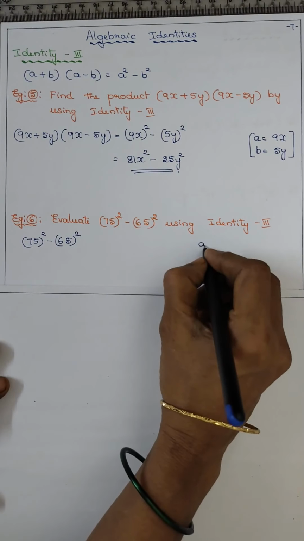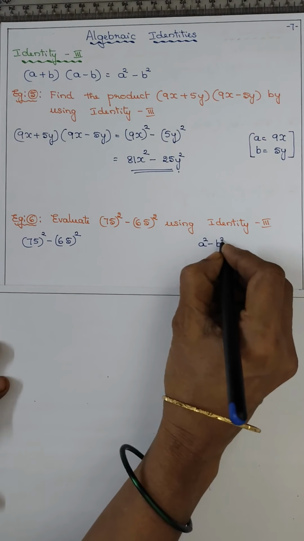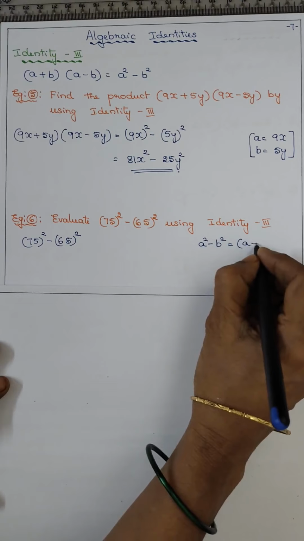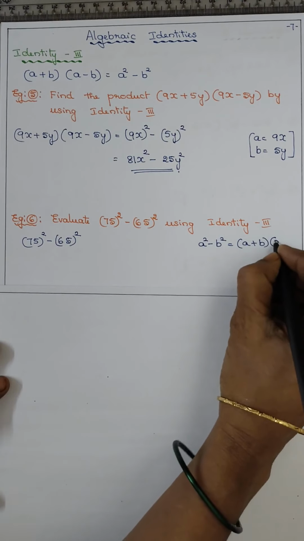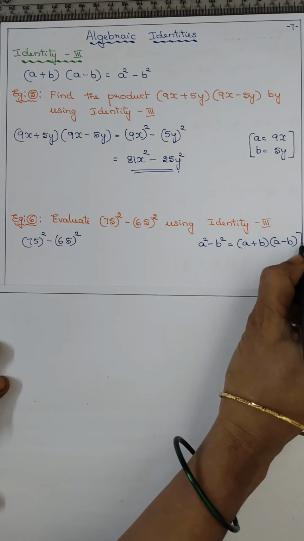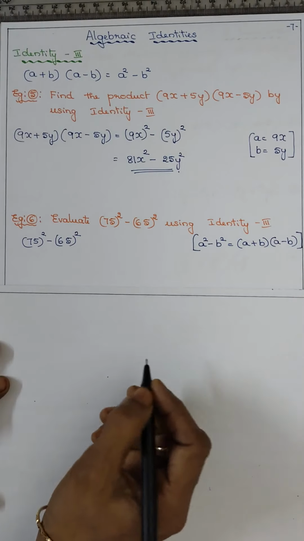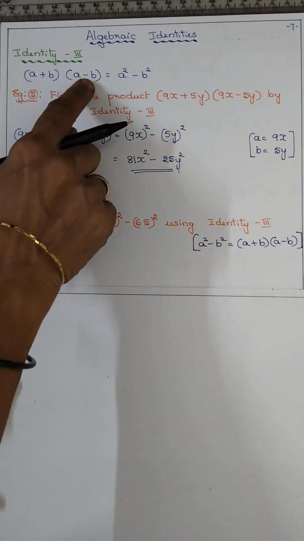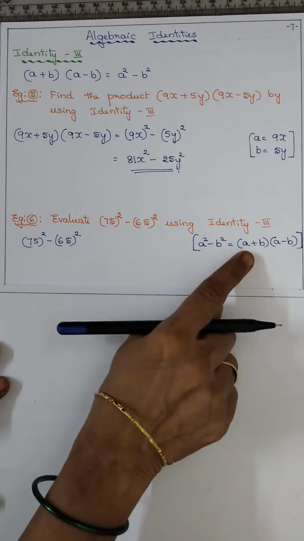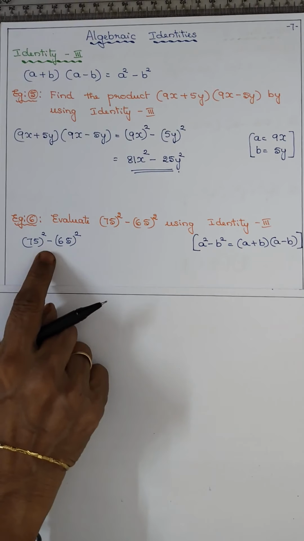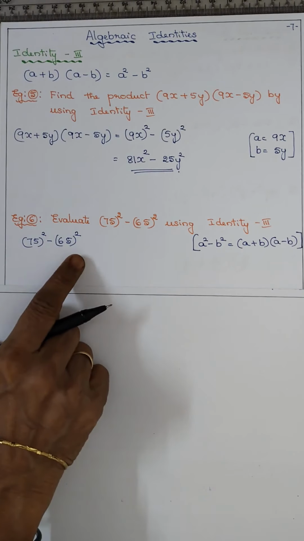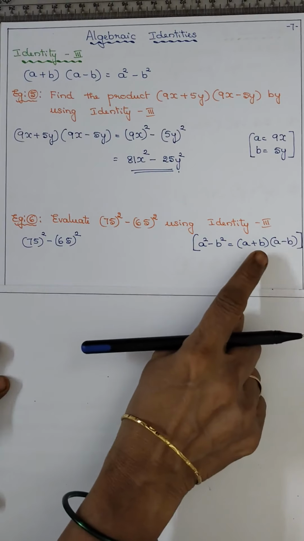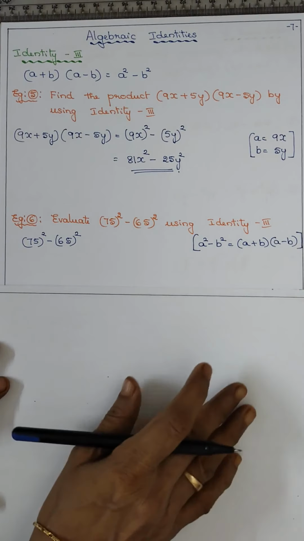That is a squared minus b squared is equal to (a plus b) into (a minus b). Third identity. So either this way or the reverse, it is the same. It is given in the reverse way.